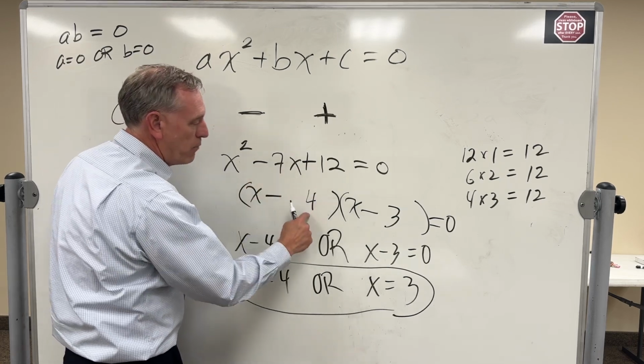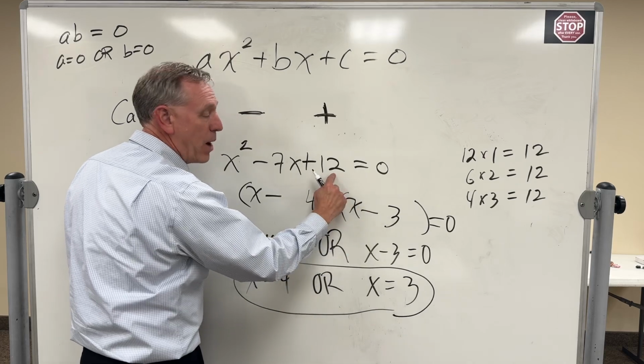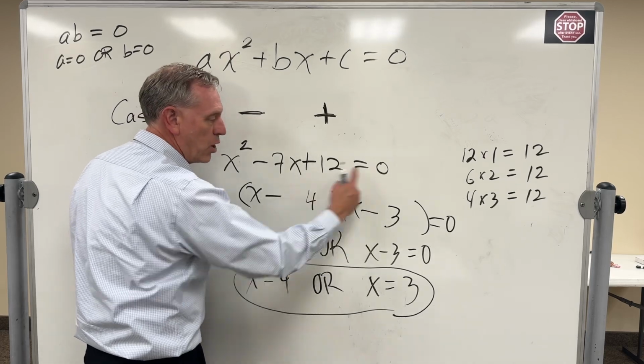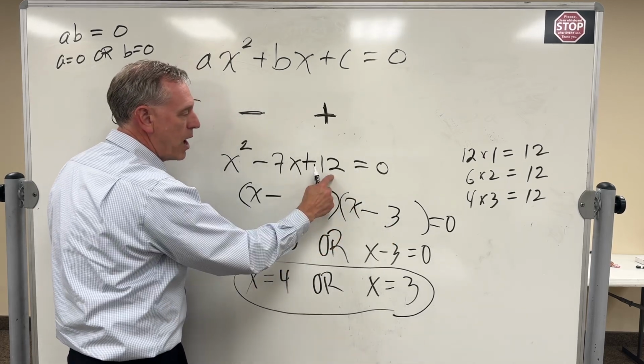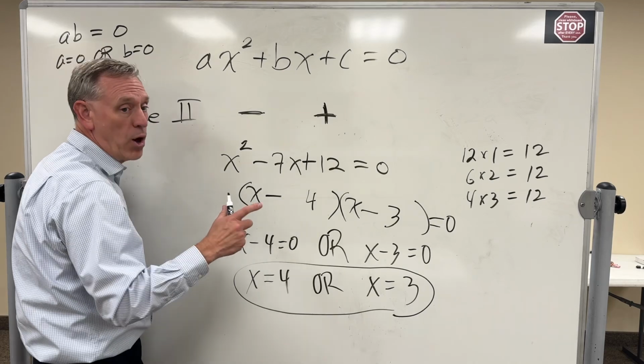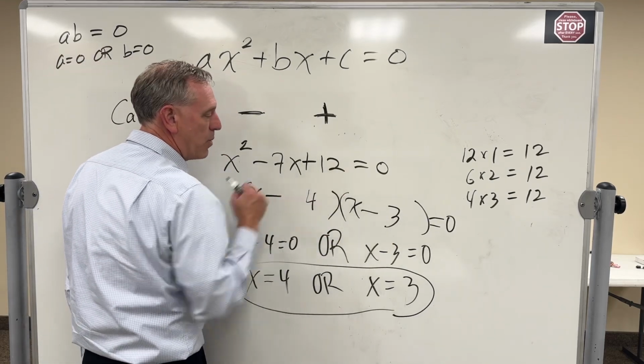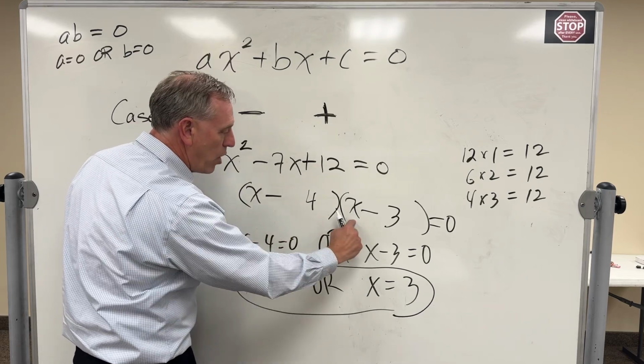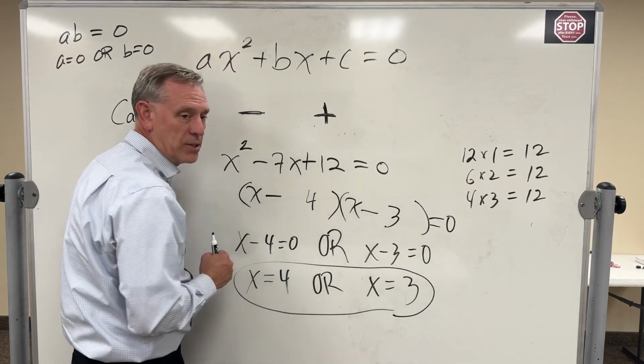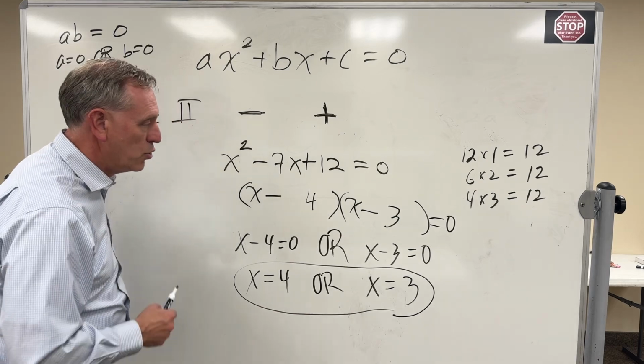So in this case, minus 4 times minus 3 is a positive 12. You see that? So in the FOIL method, the L for last, is the last two items. That gives us positive 12. But minus 4x minus 3x gives me minus 7x.